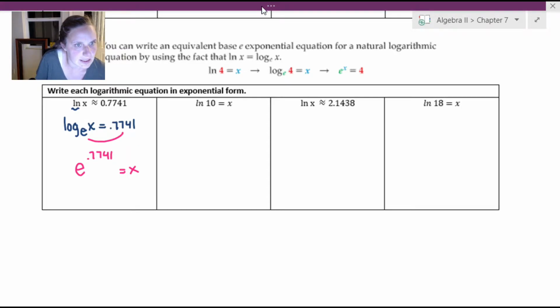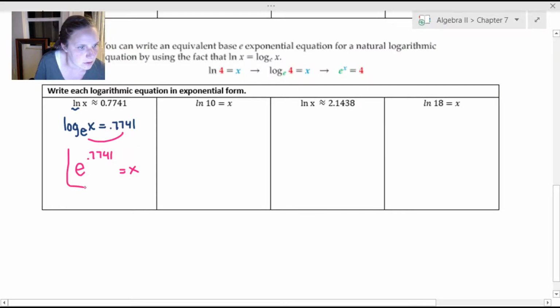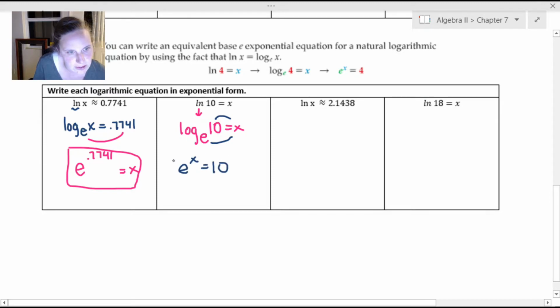Let's do that again in slow-mo. The natural log, I can rewrite that as log base e. The rest stays the same, of 10 is equal to x, and from here I can write it in exponential form. So e to the power of x is equal to 10.